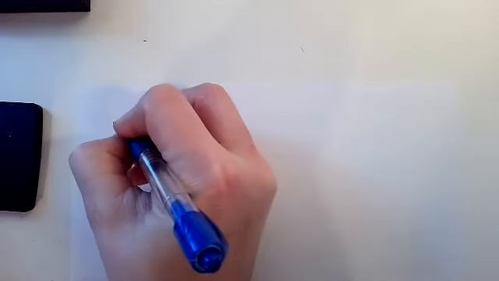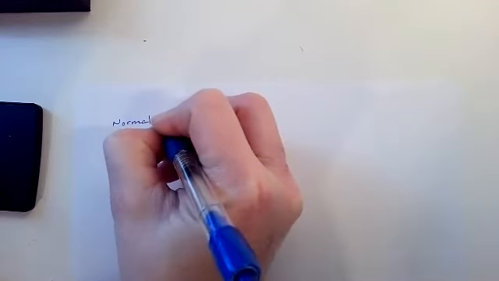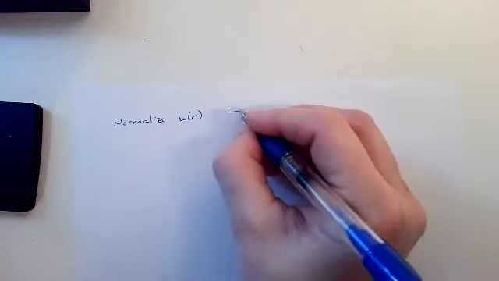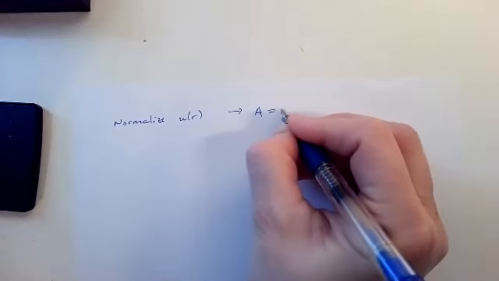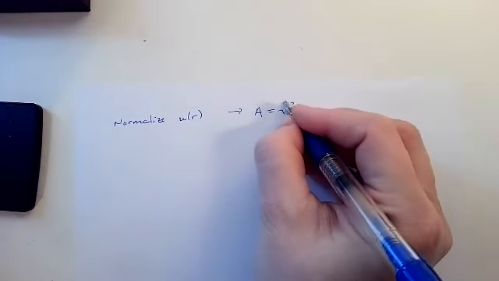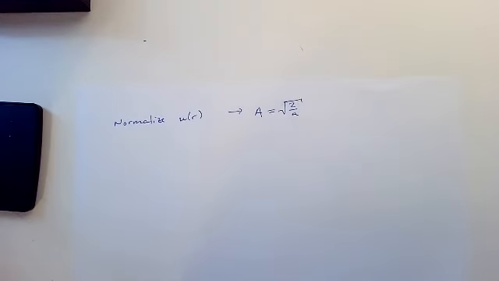If we normalize this function, u of r, that will give us that capital A that is our normalization constant, and we are going to find, same as with our infinite square well, that our normalization constant looks like the square root of 2 over a.